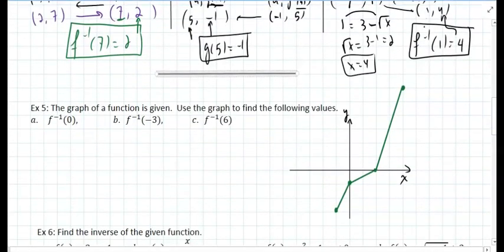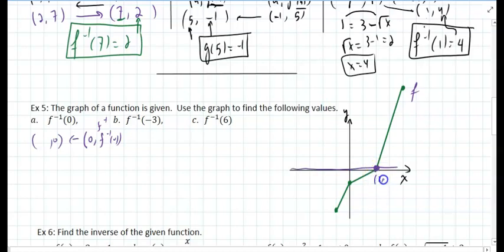And how about the next problem? This is the graph of f. The graph of a function is given. Use the graph to find the following value. They want the inverse. Well, let's see how this works. If I'm looking at the inverse, in the inverse we want the inverse at 0. Well, doesn't that mean in the original, we're setting y equal to 0? Y equals 0.